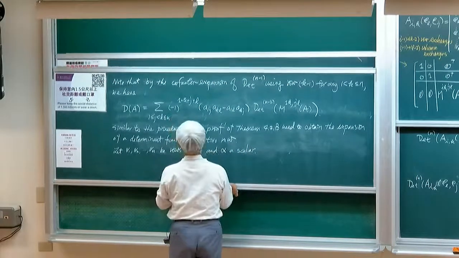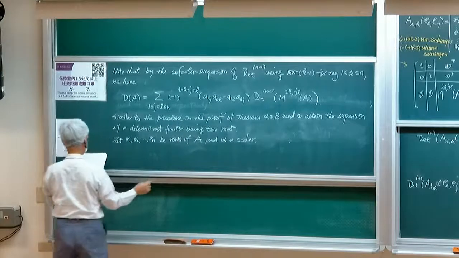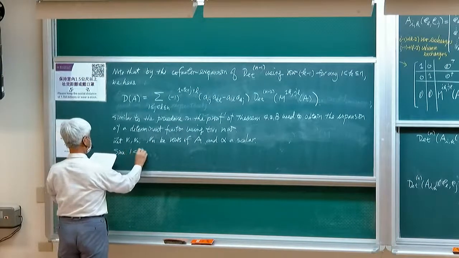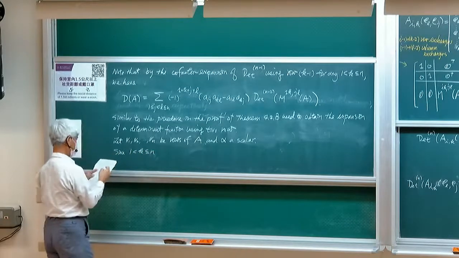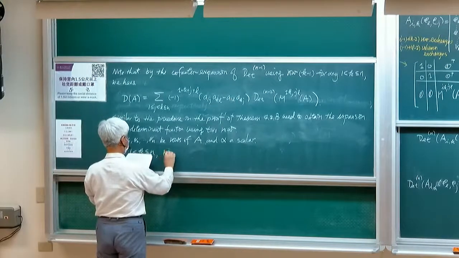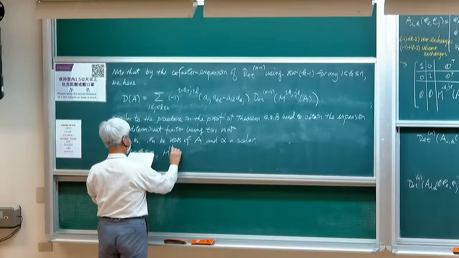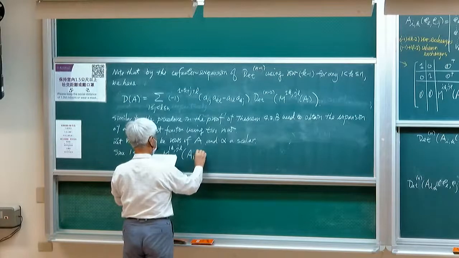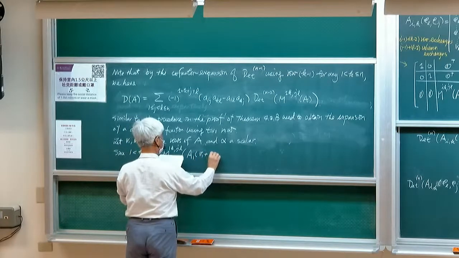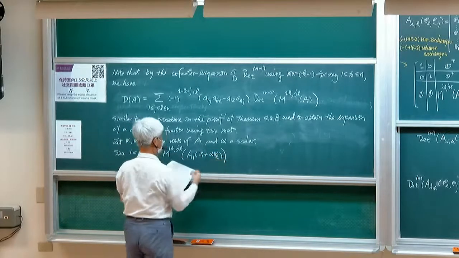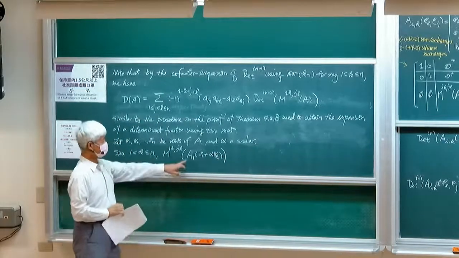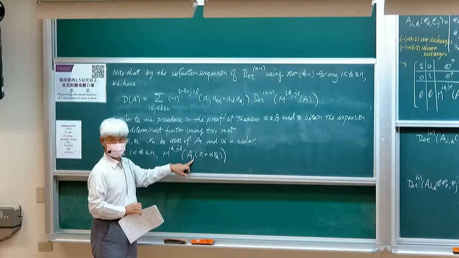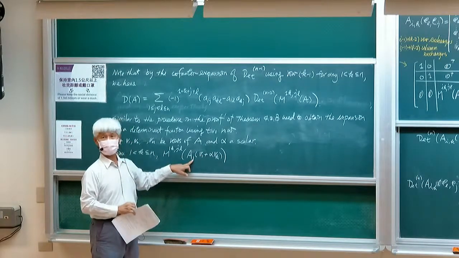Since K is greater than 1, now the M1K JL of A1, with first row R1 plus alpha RK. What is this? This is the replacement operation.